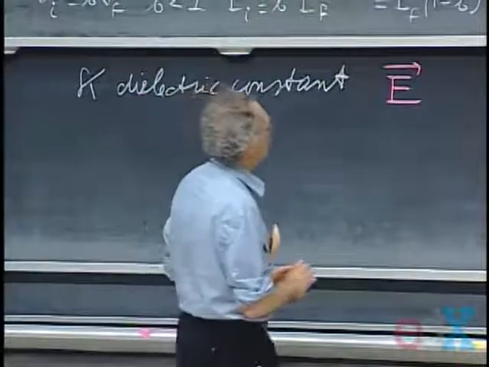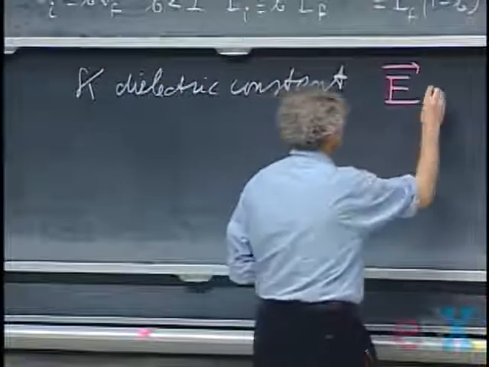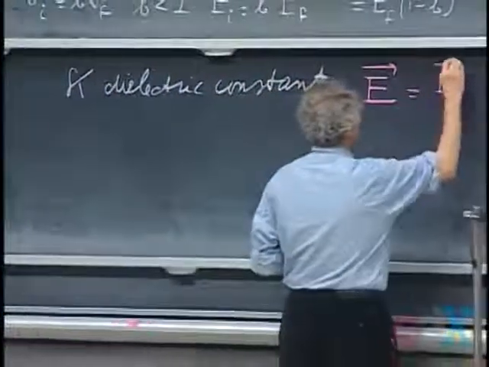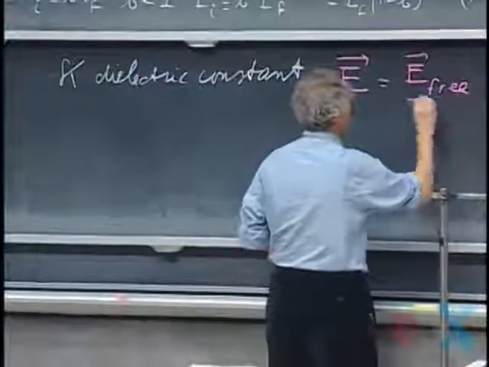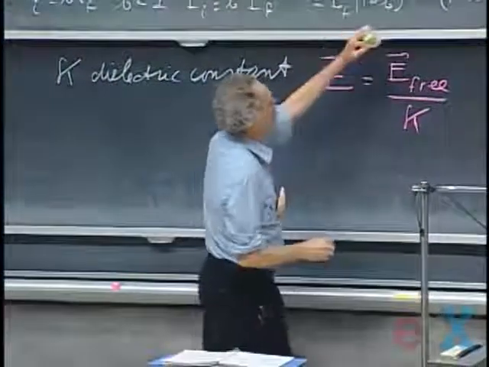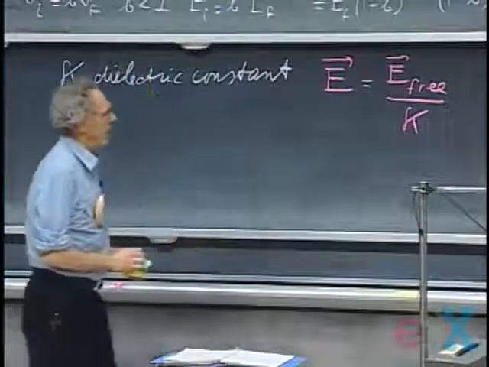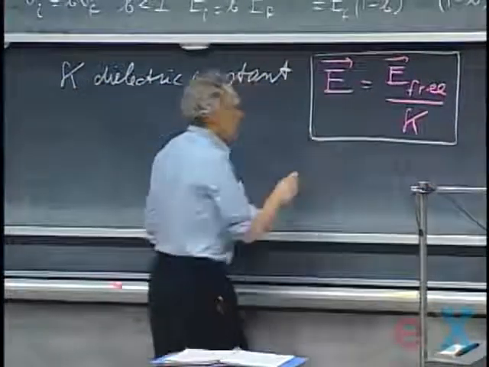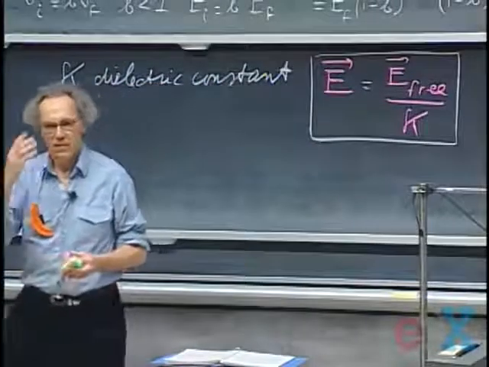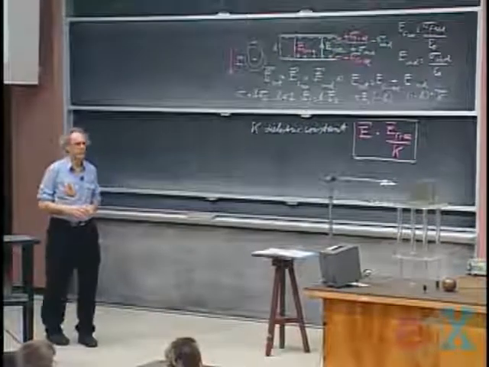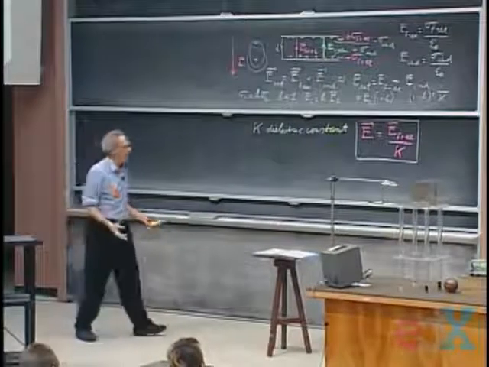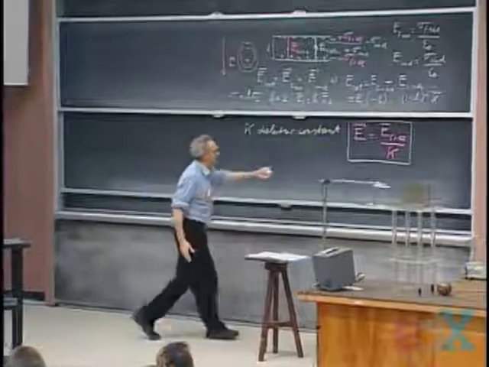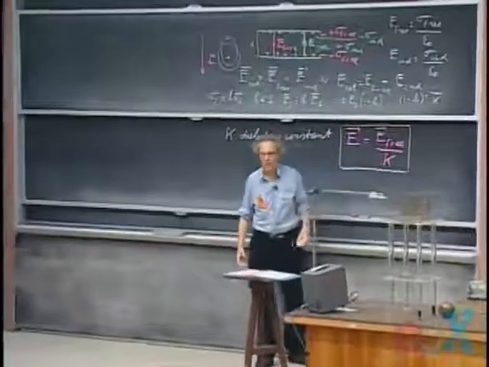So you can write down now that E equals the free electric field divided by kappa, because 1 minus B is 1 over kappa. And so you see in this experiment that I did in my head, first bringing charge on the plates, certain potential difference, removing the power supply, shoving in the dielectric, that the E field will go down by a factor kappa.